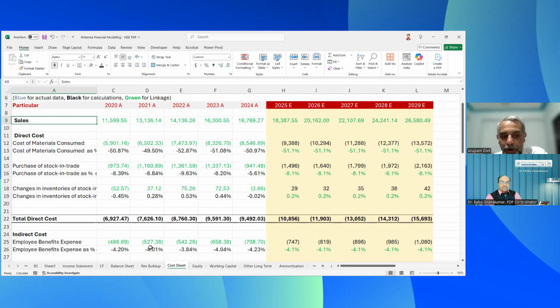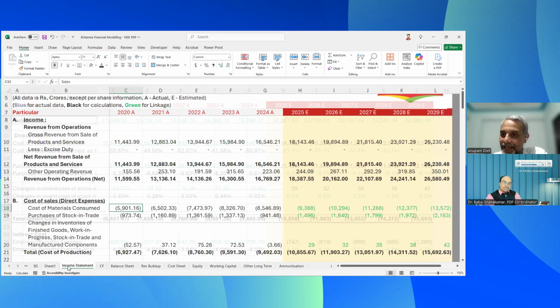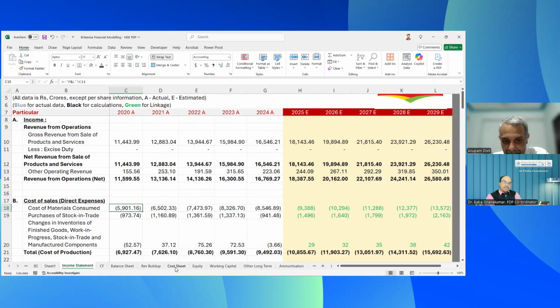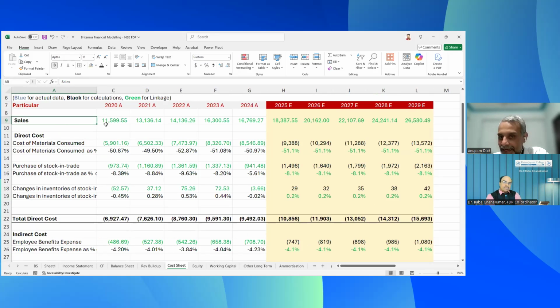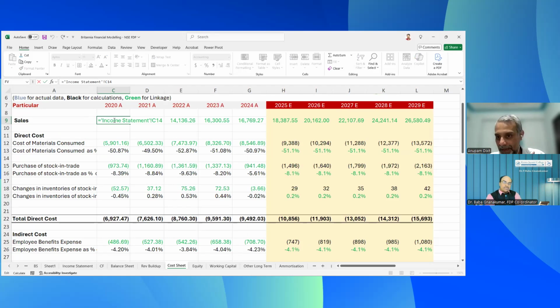We don't want to go to the income statement sheet time and again, so we have introduced the sales item in this very sheet, linked to the income statement, for the respective years 2020, 21, 22, 23, 24, 25, 26. So we have arrived at those values here.